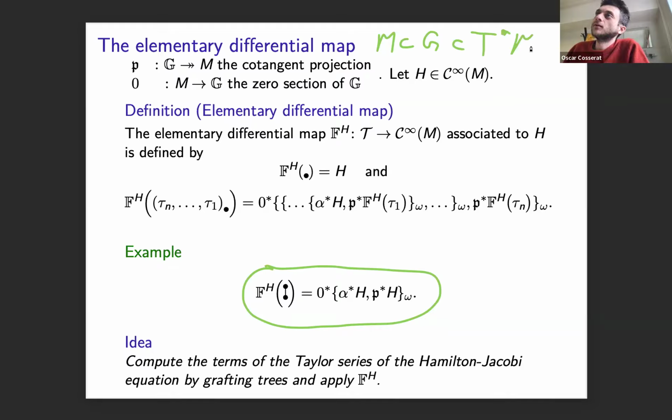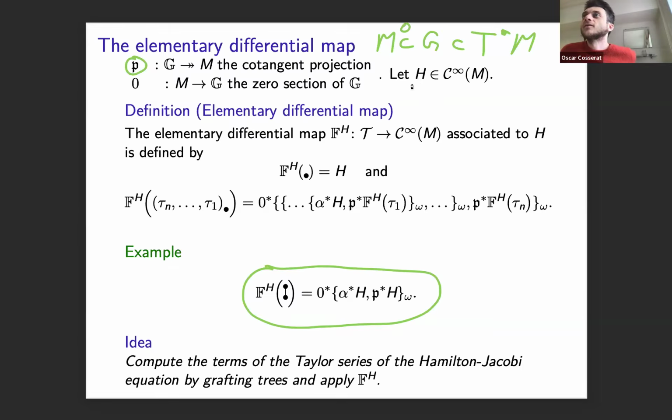In particular, the cotangent projection can be restricted to G, and we call this p. And 0 is the zero section of G. It also comes from the cotangent bundle structure, and it corresponds with the identity section of the symplectic groupoid.